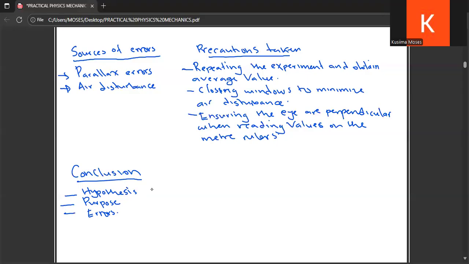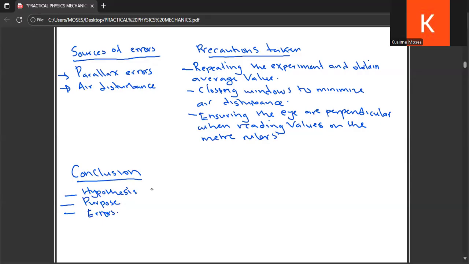You have got your mass of the meter rule as maybe 112 grams. You say the experimental value for the mass of the meter rule is 112 grams, which lies within the set hypothesis, and maybe the divergence from its exact value may be brought about by the errors encountered in this experiment.